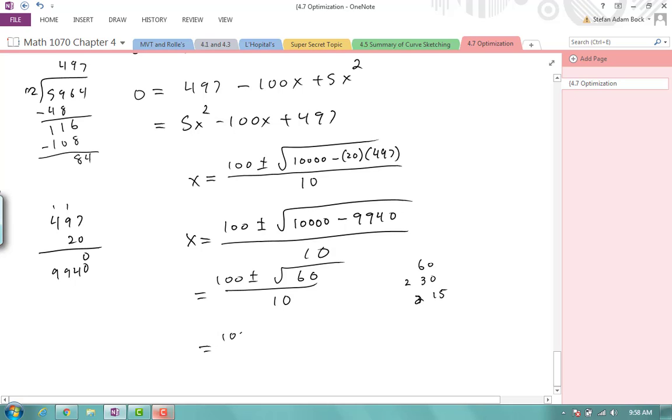So this is 100 plus or minus 2 root 15 over 10. So this is 50 plus or minus the square root of 15 all over 5.